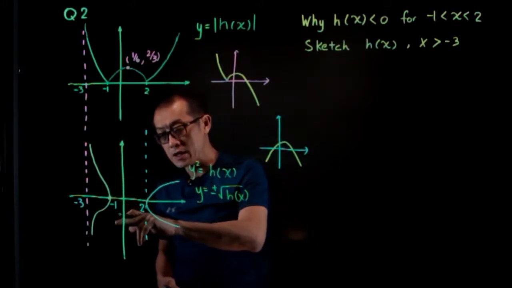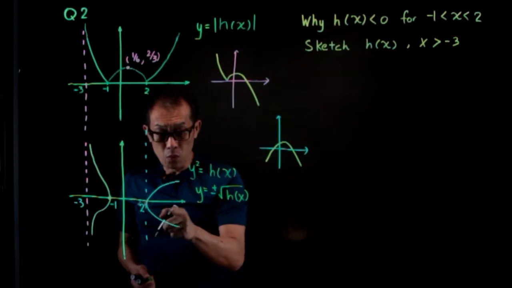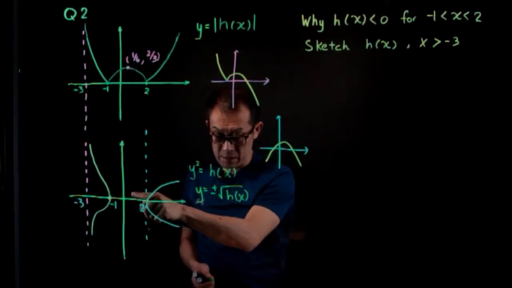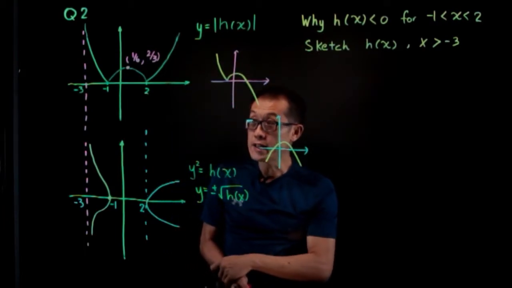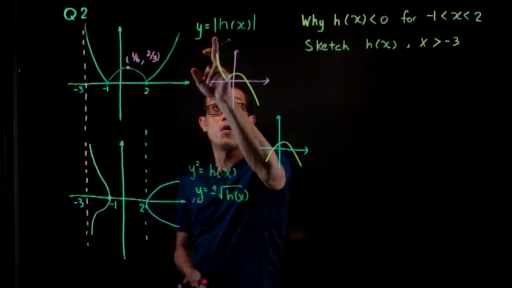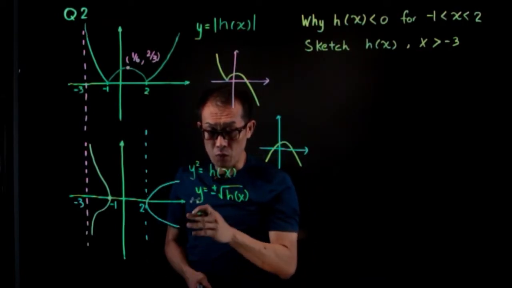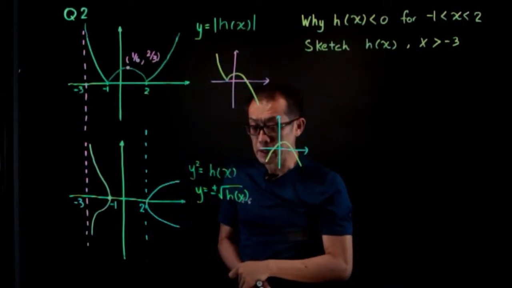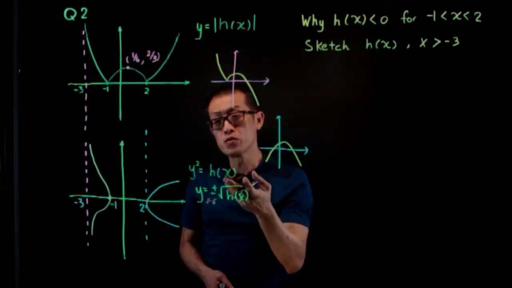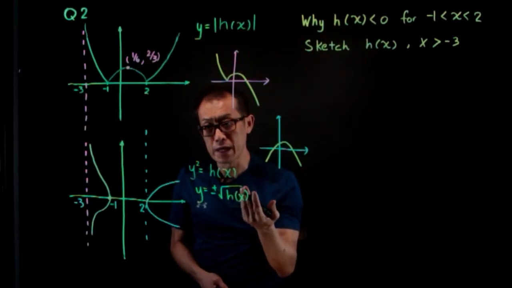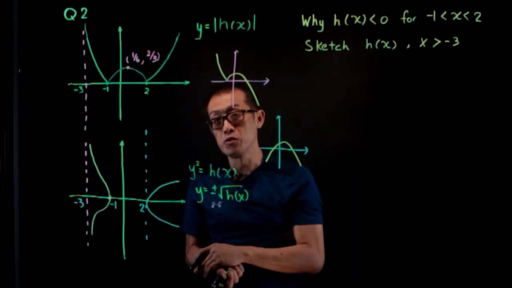If you look at this portion of the graph, y is not defined for values between 1 and 2. And yet, for mod h of x, there are values. The reason is very simple. H of x must be negative because we can't square root a negative number. It is not defined for a real solution.